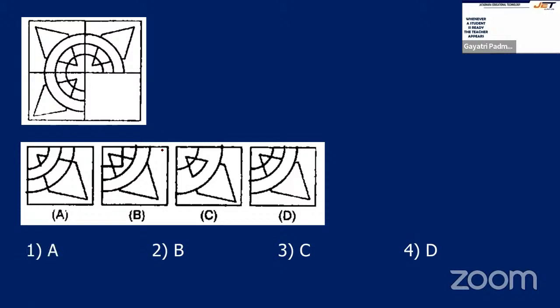Let's jot down. This cannot be the answer because this line is there. Here in this, it is not there. And moreover, it should be like this, isn't it? See here. It should be like this. It should be like this. Right? And it should be like this. Right? And this figure.